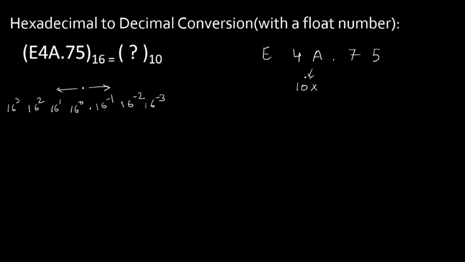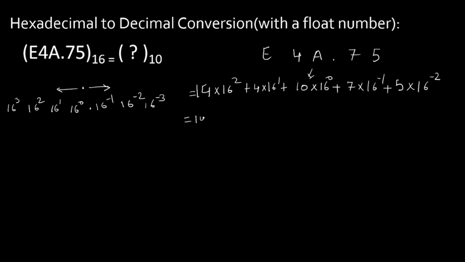So this A, as you are aware, is identified by 10. The equivalent number is 10, and this will be multiplied by 16 raised to power 0, plus 4 will be multiplied by 16 raised to power 1, plus E, meaning 14, will be multiplied by 16 raised to power 2. Okay, and 7 will be multiplied by 16 raised to power minus 1, plus 5 will be multiplied by 16 raised to power minus 2.